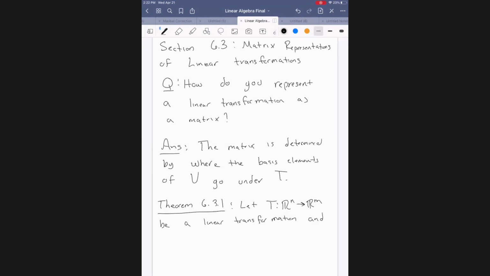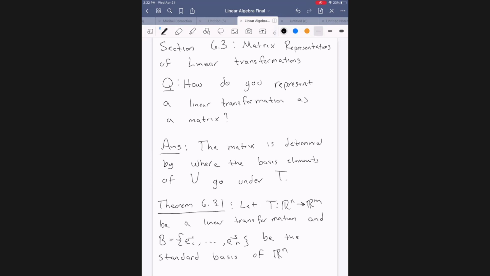And let B be E1 all the way to En, the standard basis of Rn.